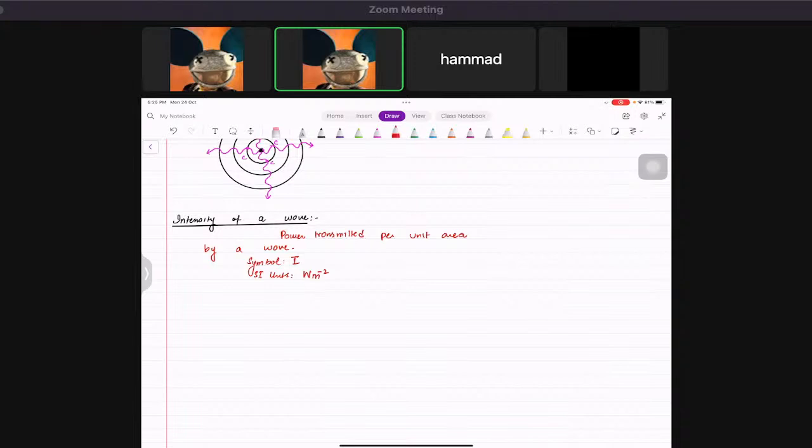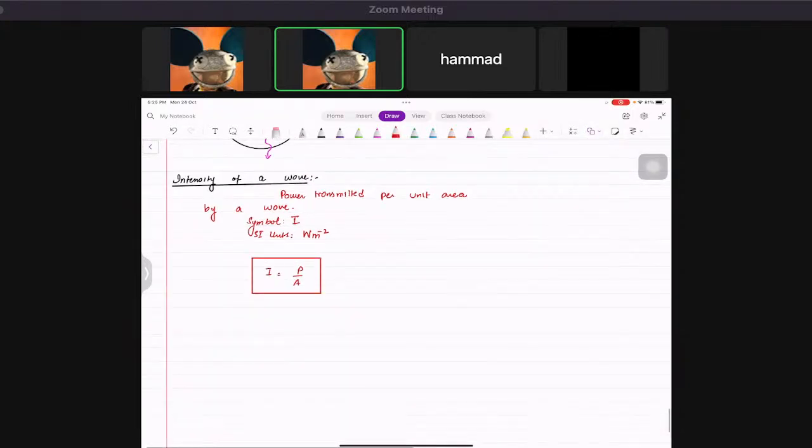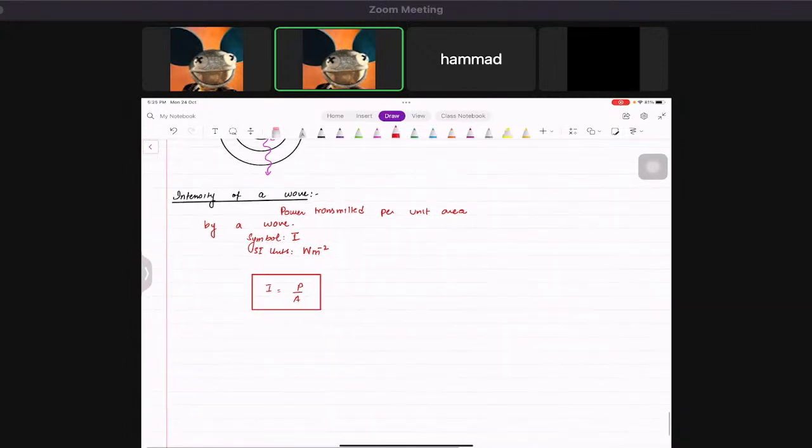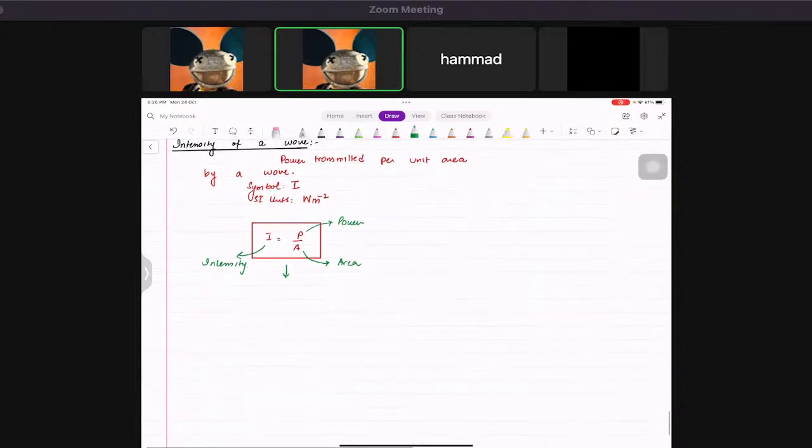So intensity would be power over area. You have this formula: power, area, intensity. You can also write this because energy over time is equal to power.